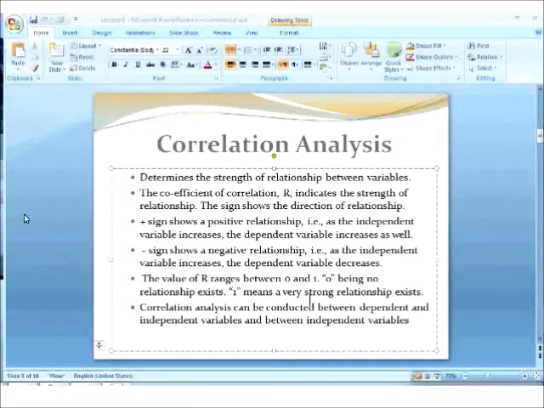So for example, in case of the speed data set, if the speed limits that are posted on the roadway are higher, then the vehicles will go with higher speed. That shows a positive relationship between the speed limits posted on the roadway and the speeds of the vehicle.